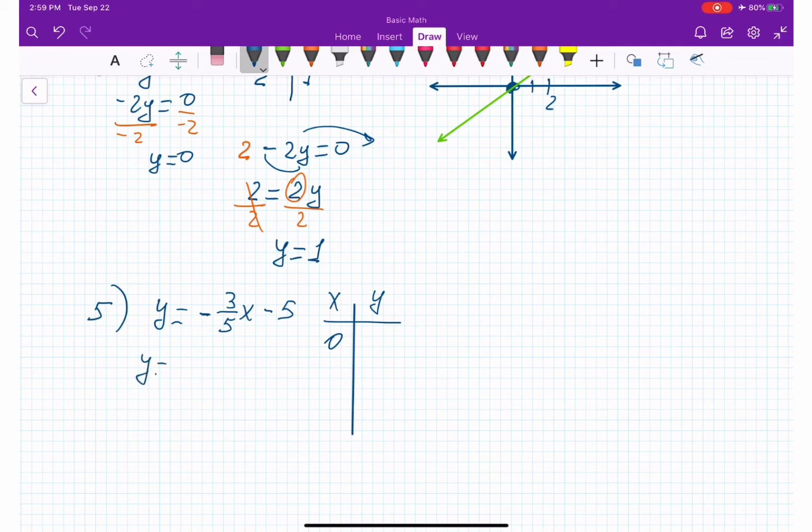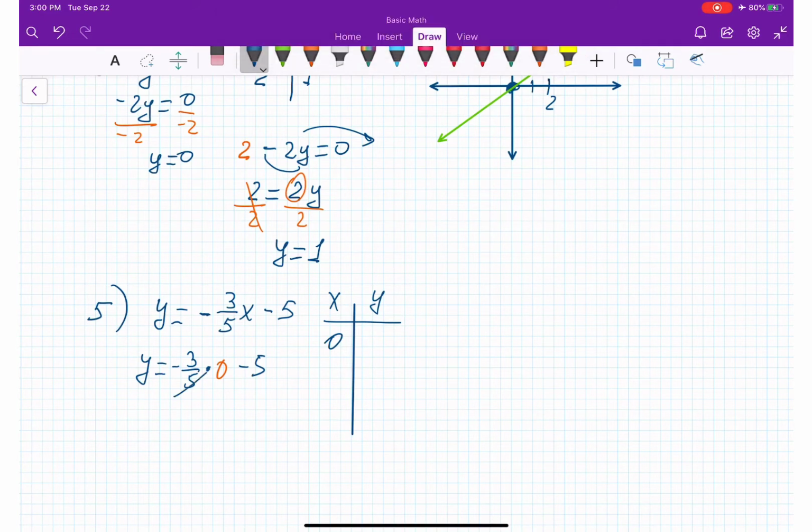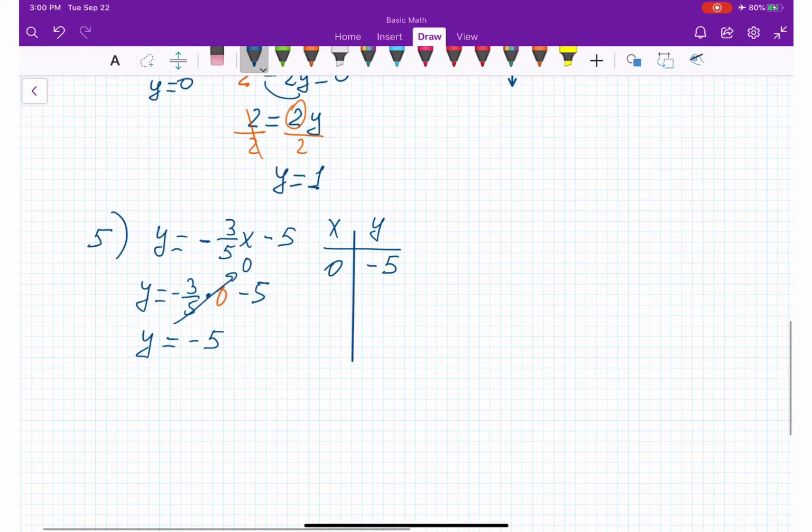Y is equal negative 3 over 5 times this 0 and then minus 5. Yes? So this is gonna go as a 0 and y is equal negative 5. Okay, so we get here negative 5. Next.